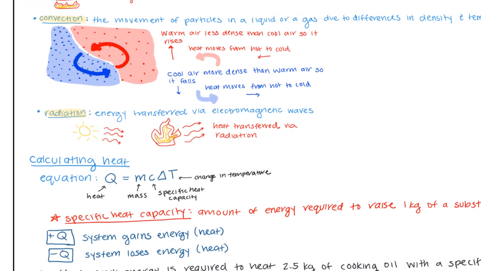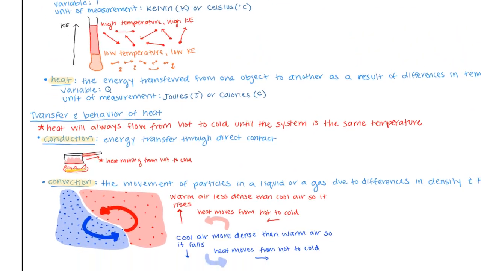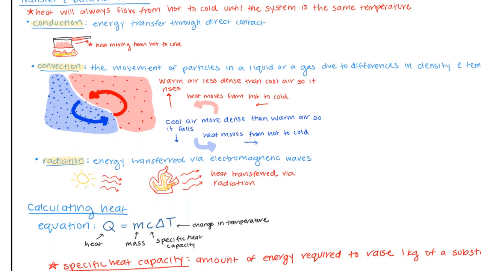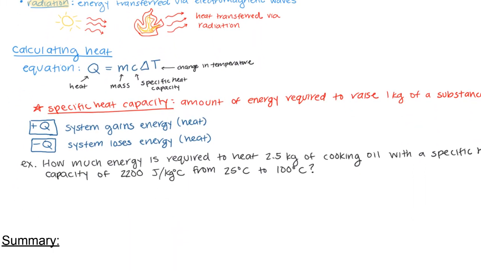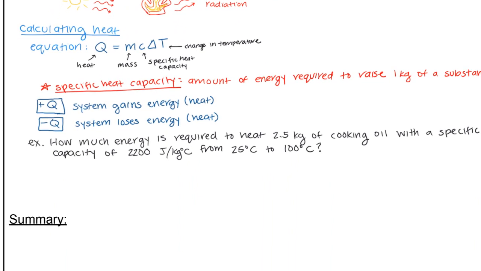So now that we've defined what heat and temperature are, and we've talked about how heat moves and its general behavior, let's talk about how to calculate heat. Now here is our equation for calculating heat. So remember, I said that a capital Q is our variable for heat.